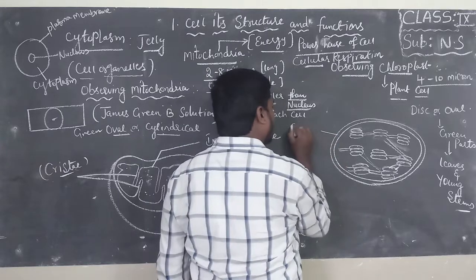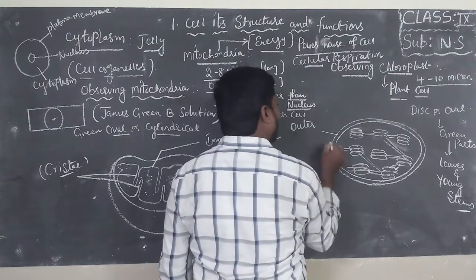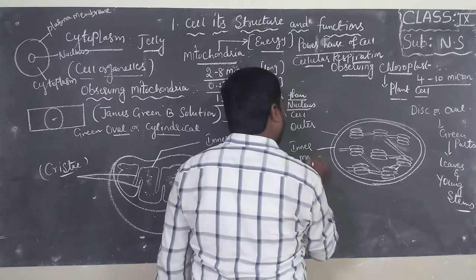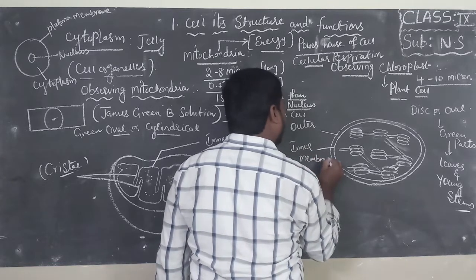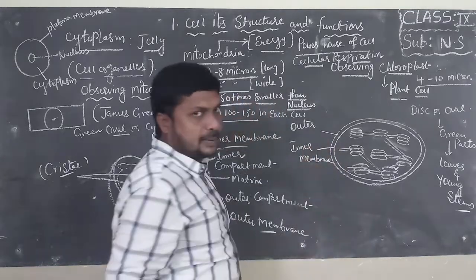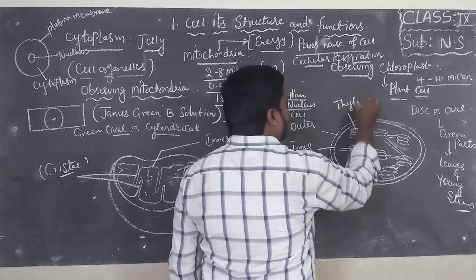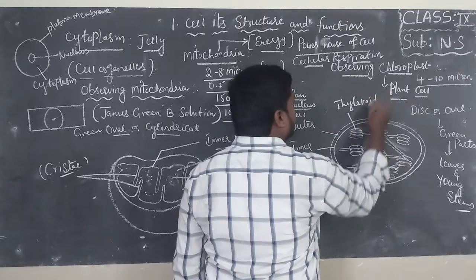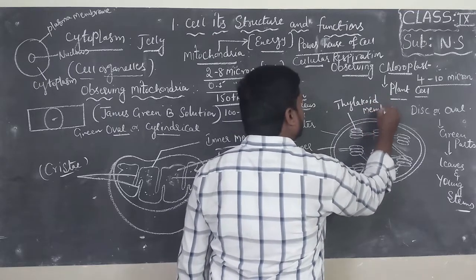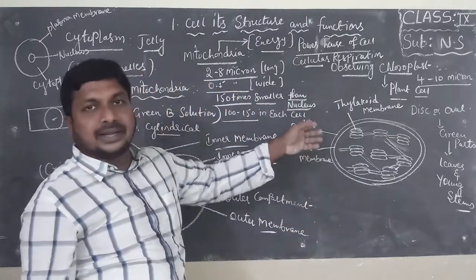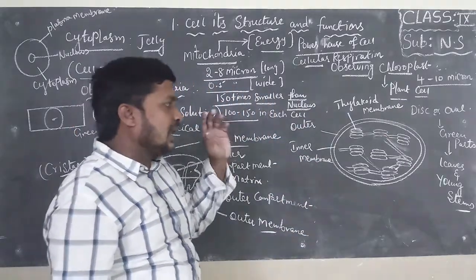This is the outer membrane and this is the inner membrane. Outer membrane, inner membrane, and here we can find the thylakoid membrane. So chloroplast is present in the green parts of the plant, that is leaves and green stems.